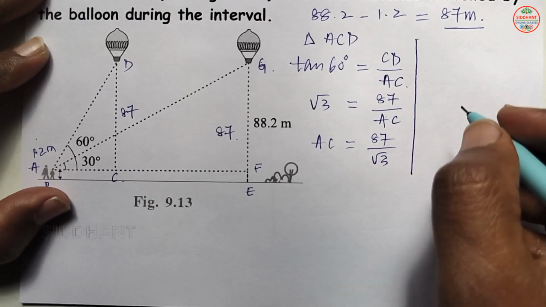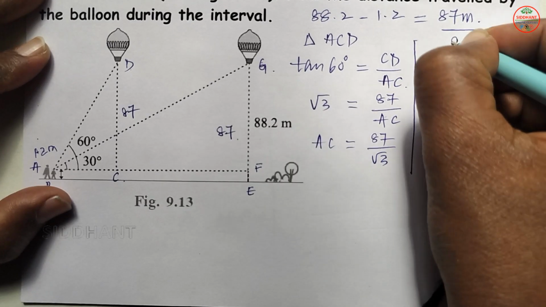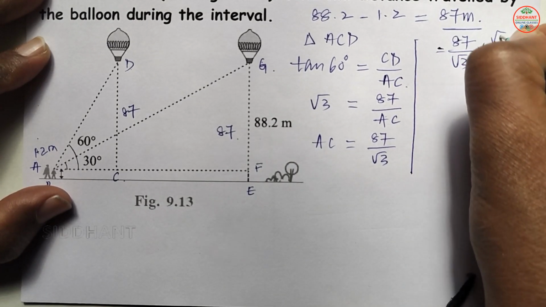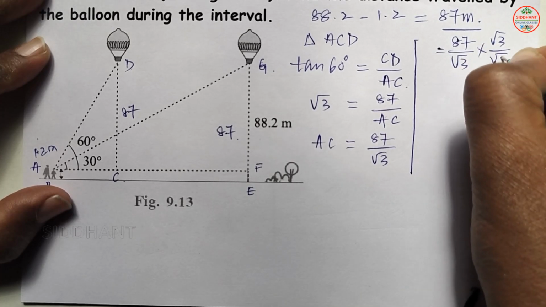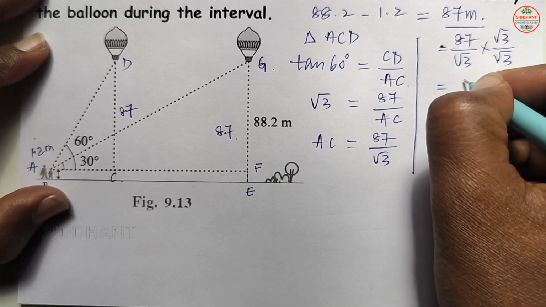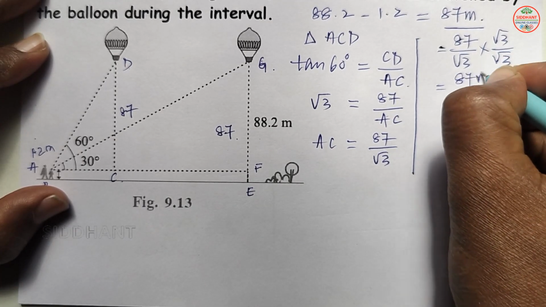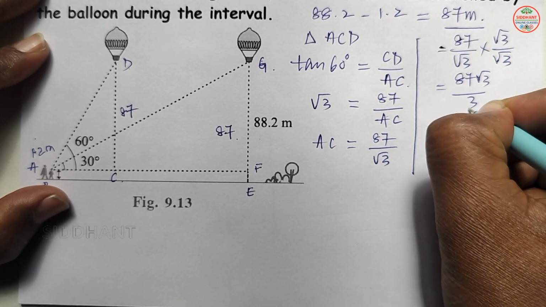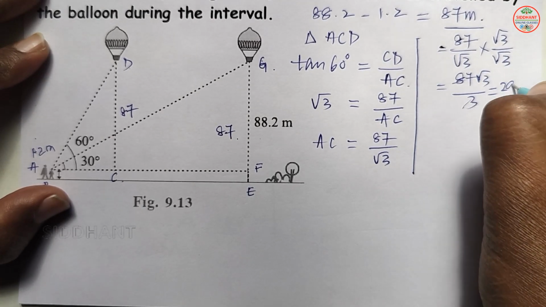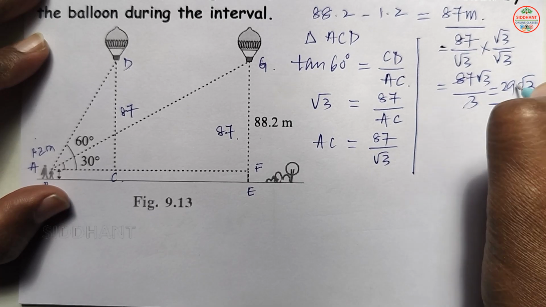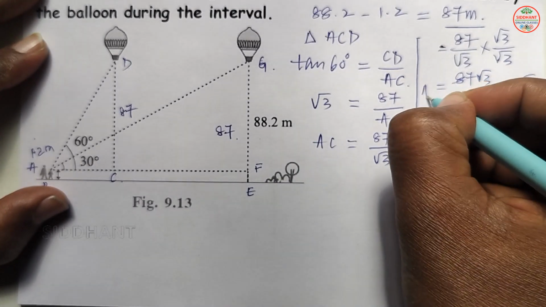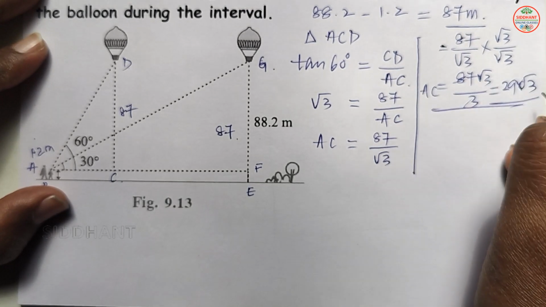Multiplying and dividing by root 3, that will be 87 by root 3 into root 3 by root 3. So that will be 87 root 3 by 3, that is 29 root 3 here. So AC equals 29 root 3.